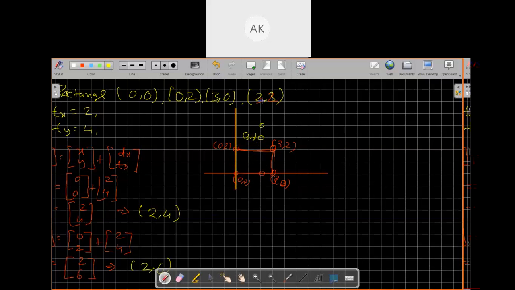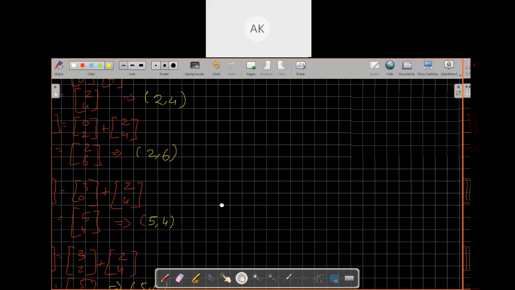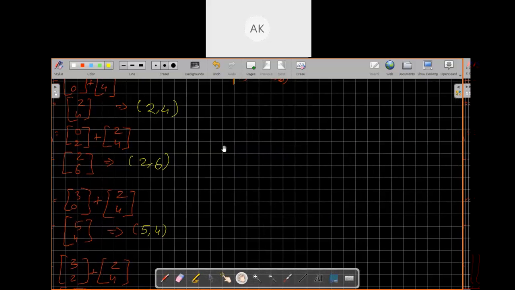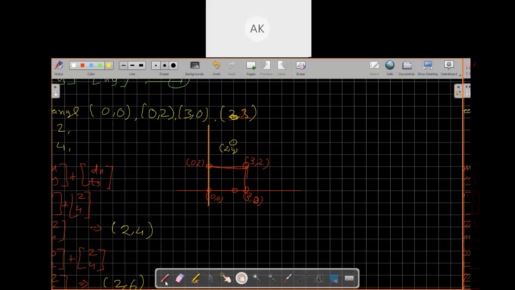Let's draw these coordinates on our coordinate system. The first point is 2 4, at this location. The next point is 2 6: 0 1 2 3 4, it should be here, and 6 it should be here.